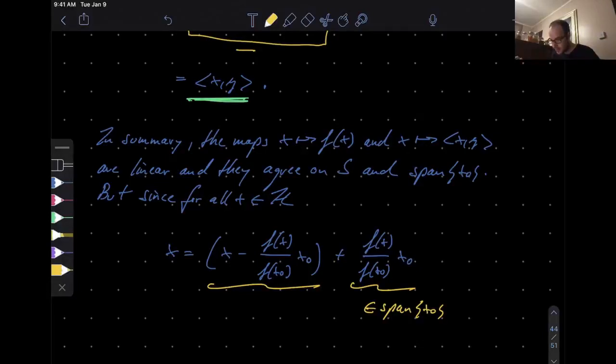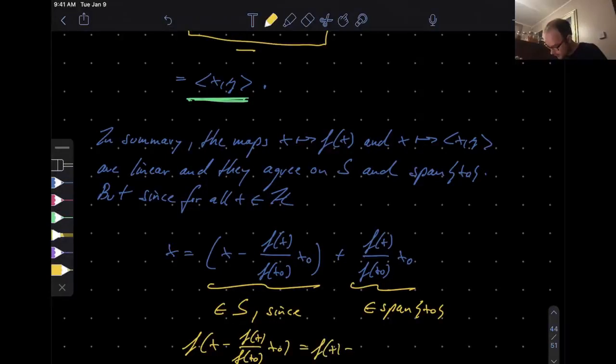If you put here, since you just use the linearity, f of x minus a scalar, f(x) over f(x naught), times f(x naught), and this is precisely equal to 0 because these two go out.